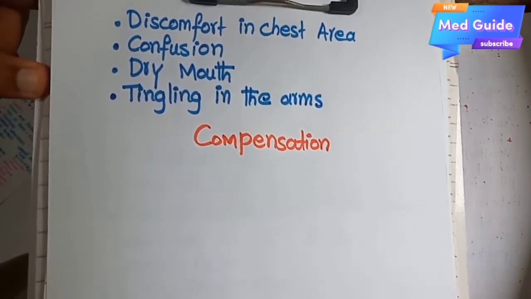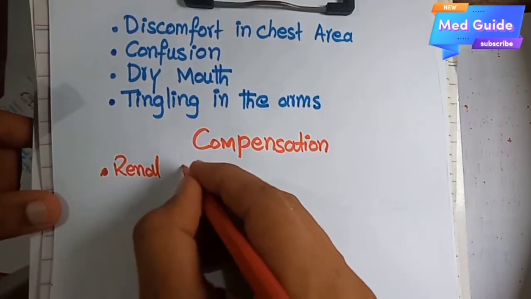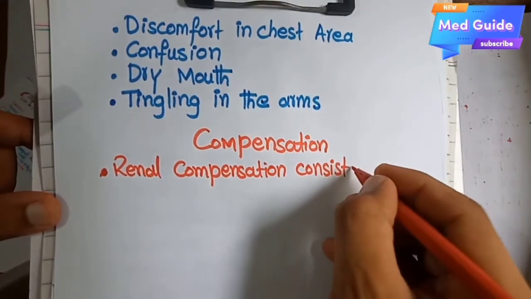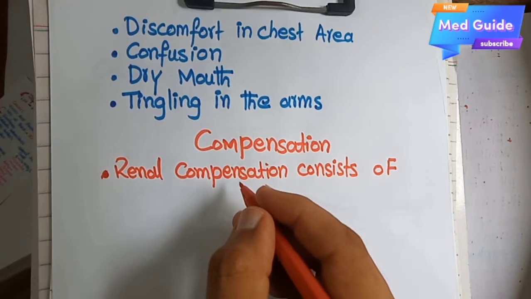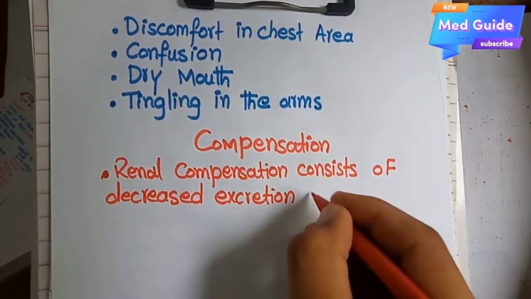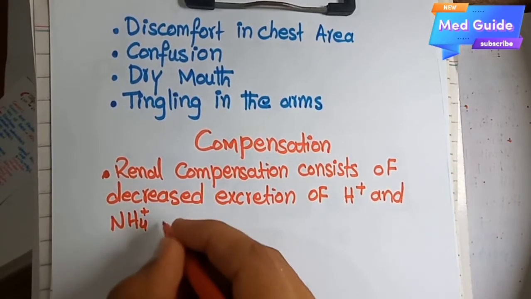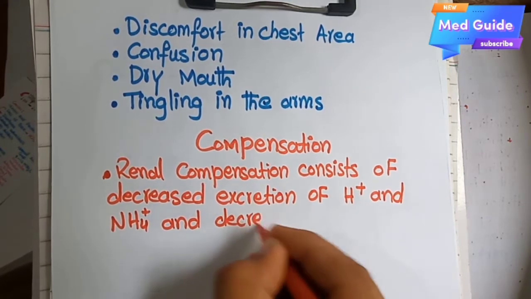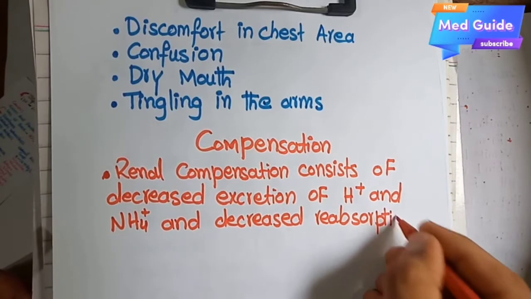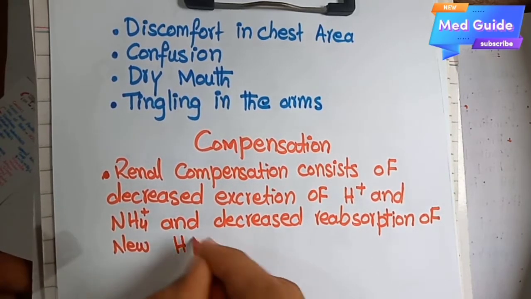First, renal compensation consists of decreased excretion of hydrogen ion and ammonium ion, and decreased reabsorption of newly formed bicarbonate ion.